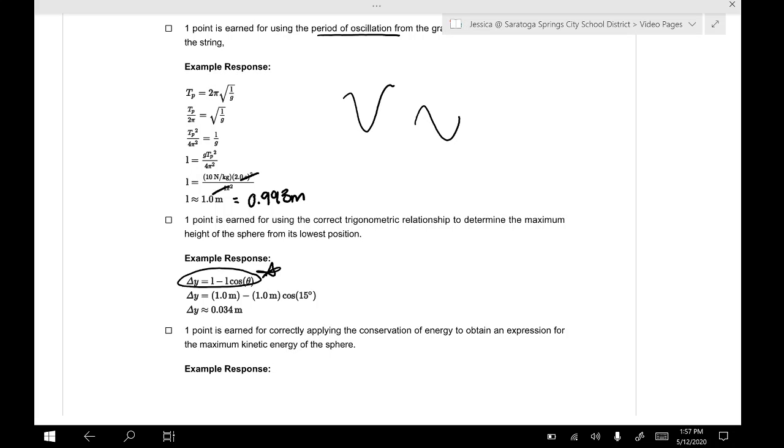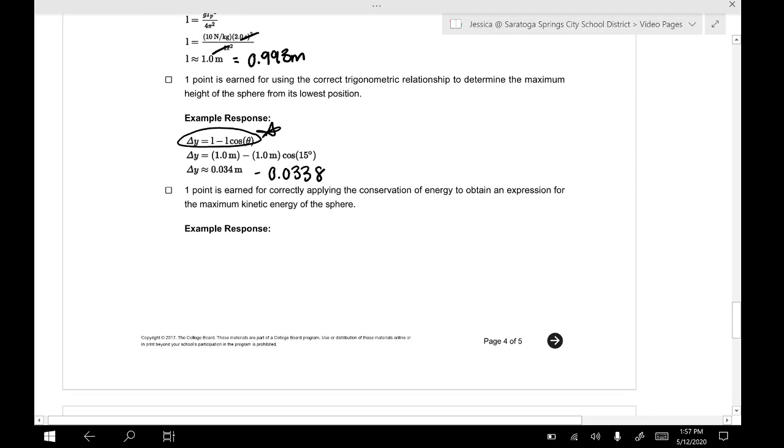0.993 minus 0.993 cosine of 15, and we're using 15 because that's the initial angular displacement. And that gets me 0.0338. Okay. And then they use conservation of energy, and they find the maximum potential energy, okay?